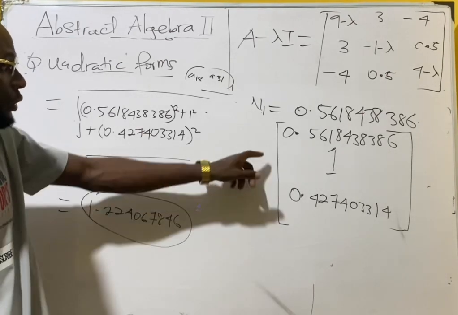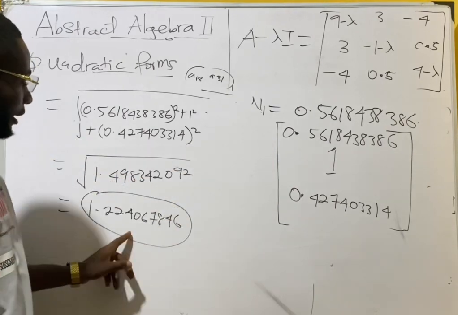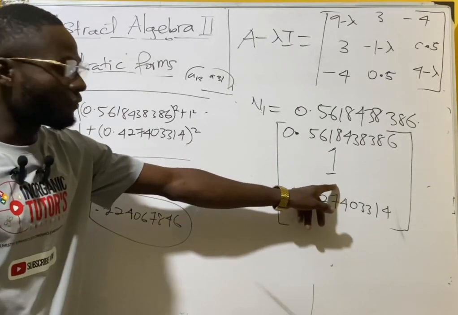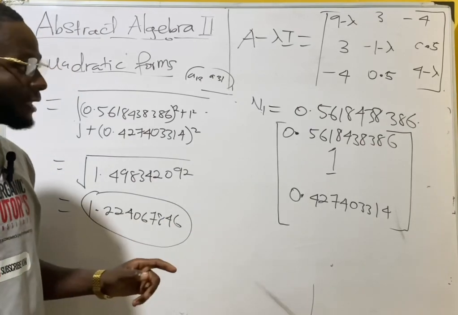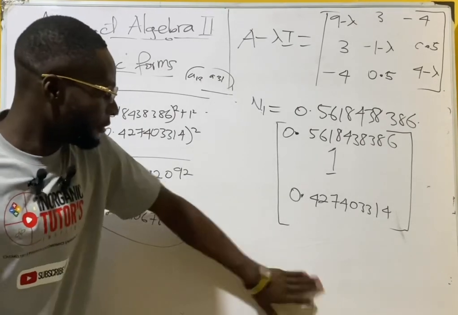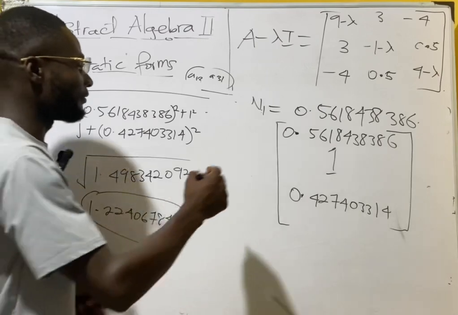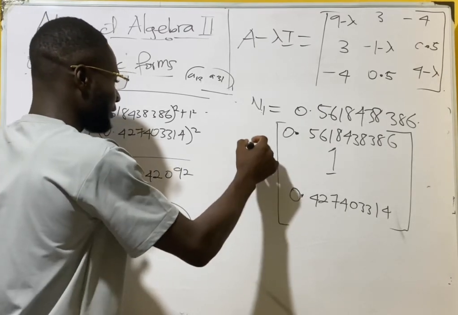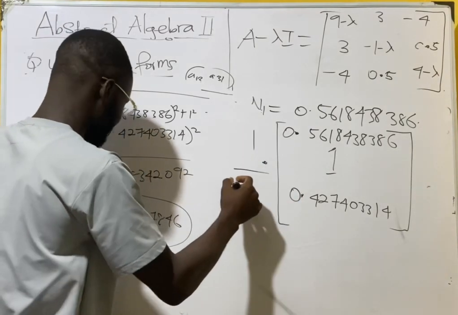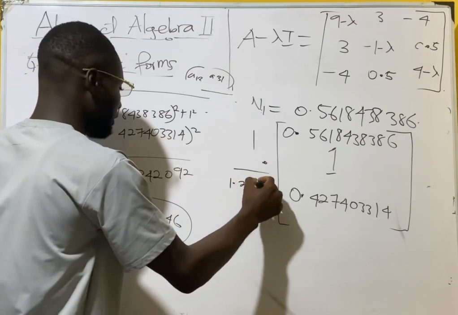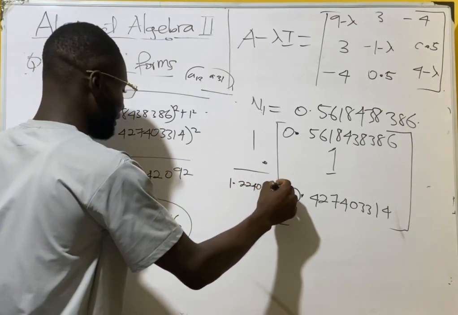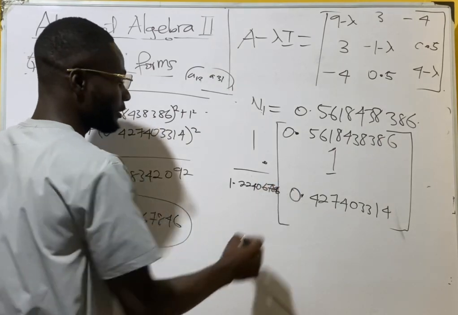So we're going to take 1 over the magnitude multiplied by this. Then we know the normalized value, right? So we're going to have this times 1 over 1.2240678646.